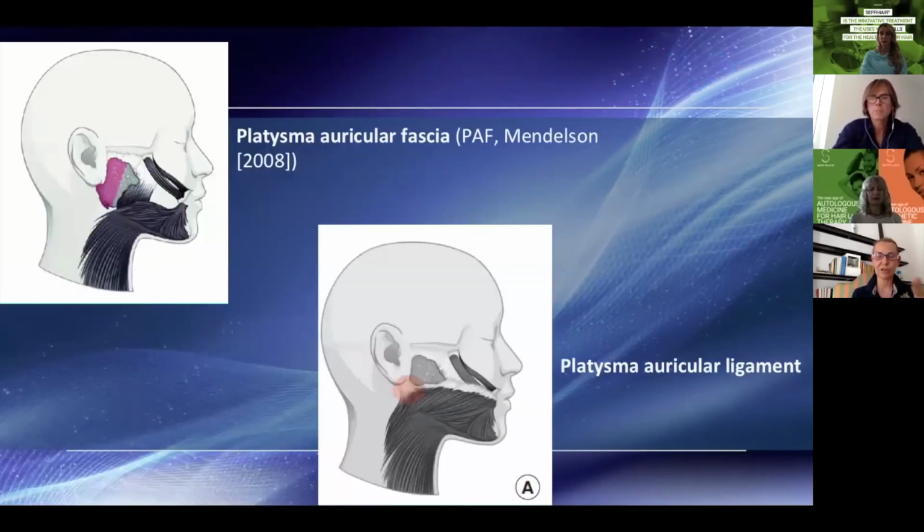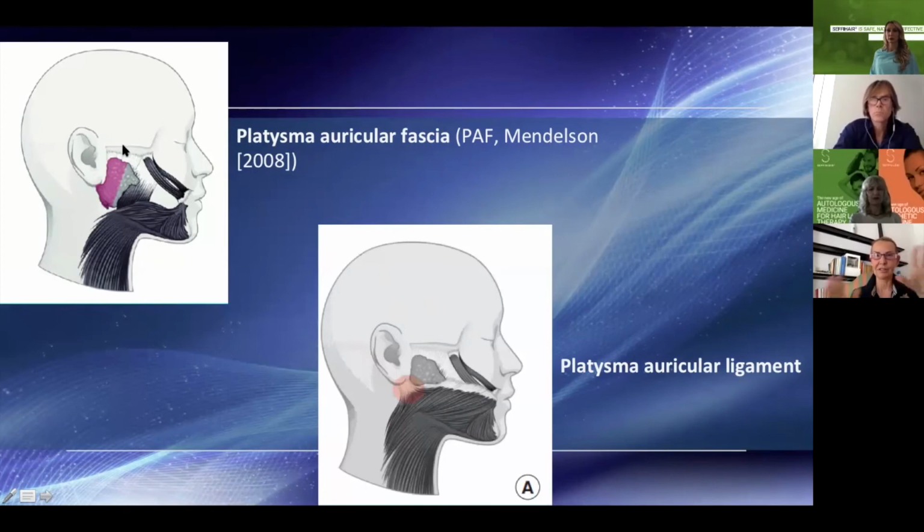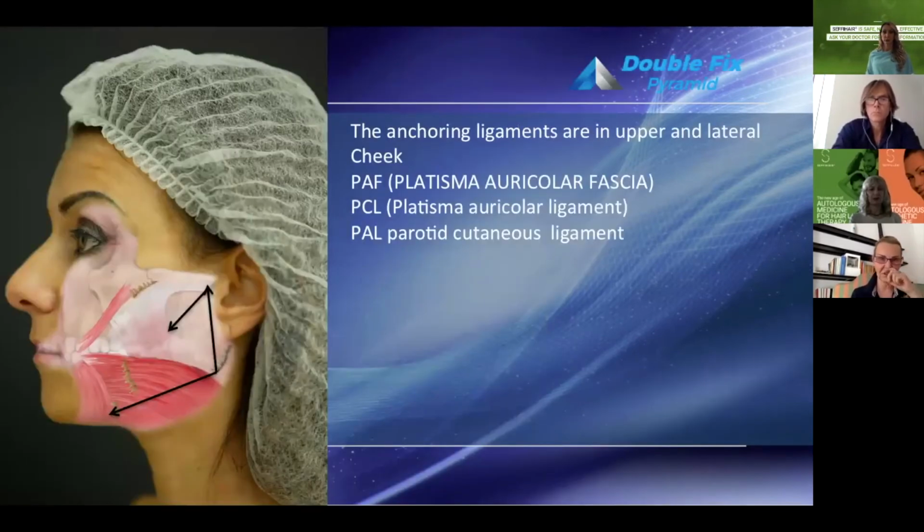I just want to underline the platysma auricular fascia and the platysma auricular ligament, because it's important for you. Remember, it is here and here. Sometimes people ask me about this, but there is no platysma auricular fascia, there is no auricular ligament.